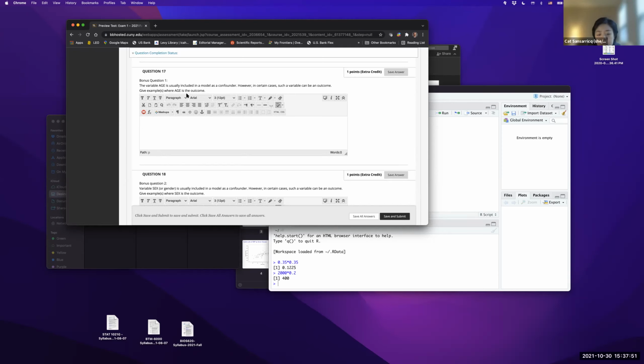I forgot what I put down for that, honestly. It's a good question. It's a tough question. Age as an outcome. Well, it's a mean question because it's a non-modifiable outcome. But what it could be is something which relates to age, right?